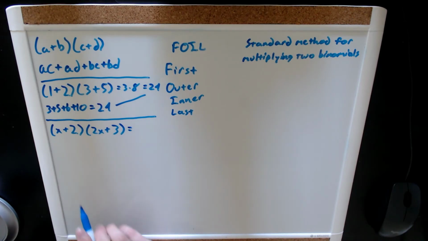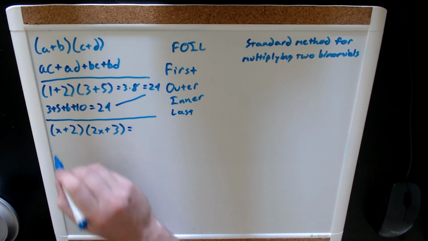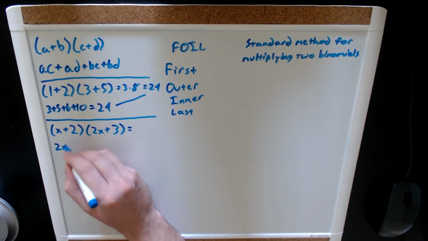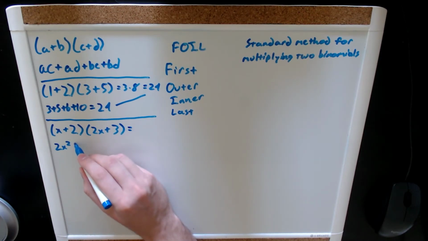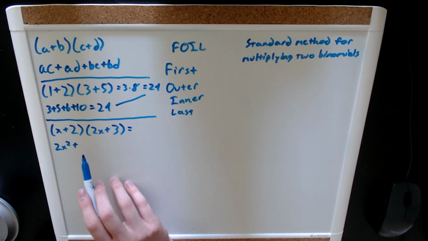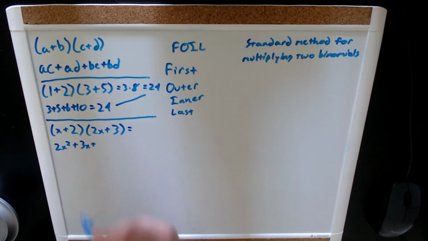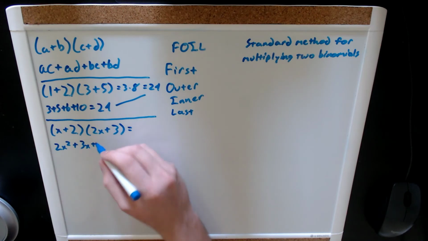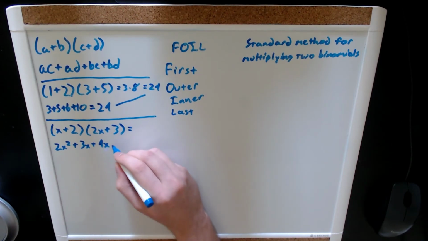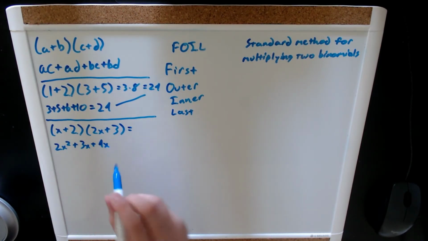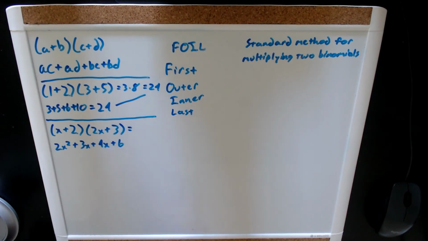So what is it? It's a times c, which is x times 2x, which is 2x squared, plus outer, which is x times 3, or 3x, inner, 2 times 2x, which is 4x, and last, which is 2 times 3, or 6.